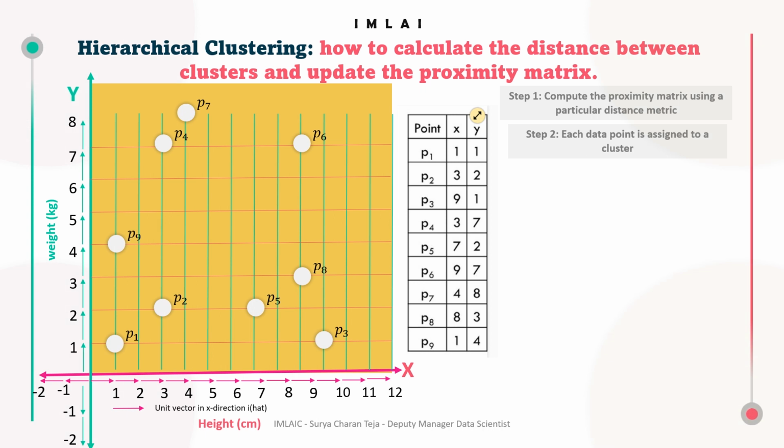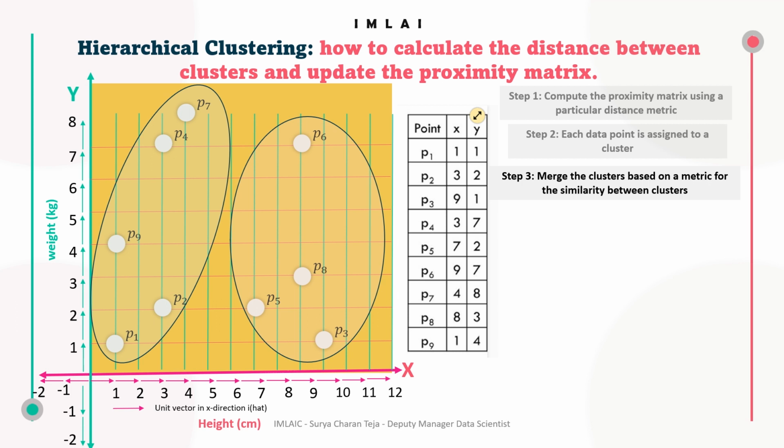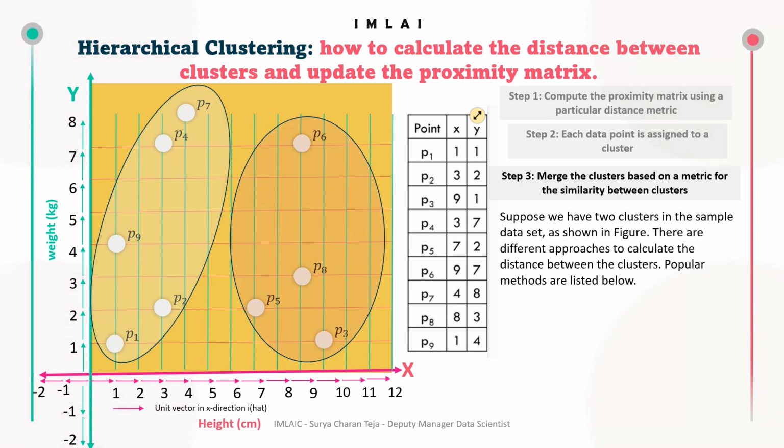That is also done. Now the third step is to merge the clusters based on a metric for the similarity between the clusters. Suppose we have two clusters in the sample data set as shown in the figure. There are different approaches to calculate the distance between the clusters.